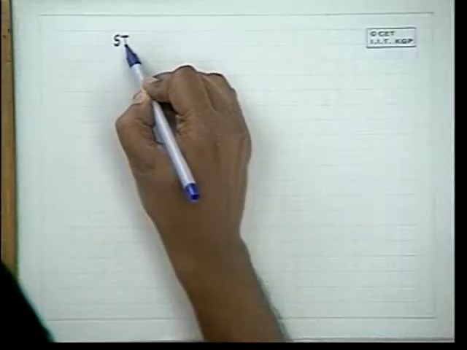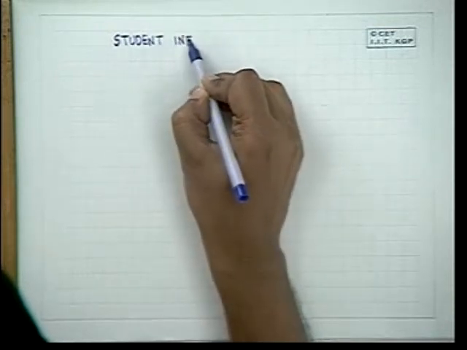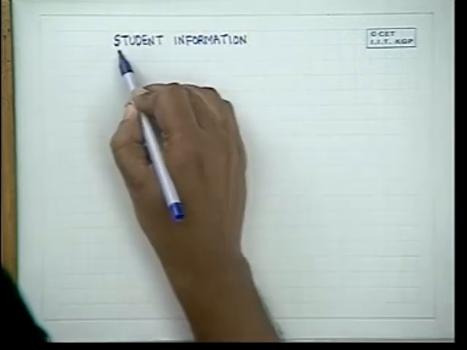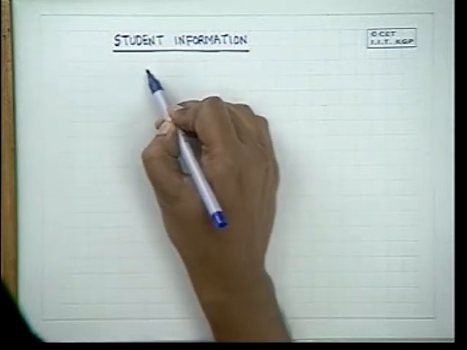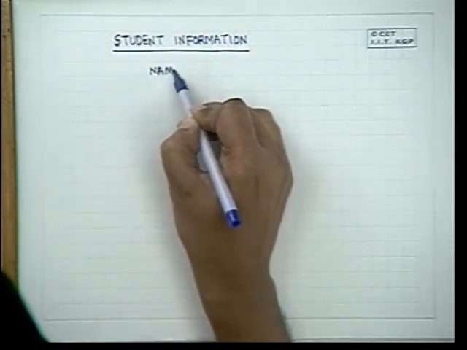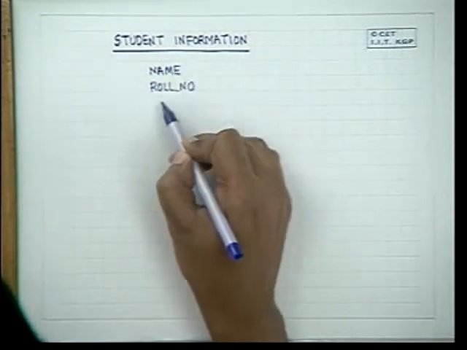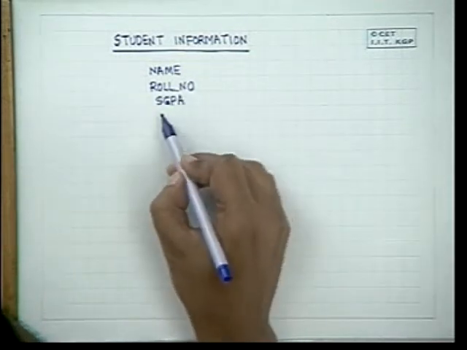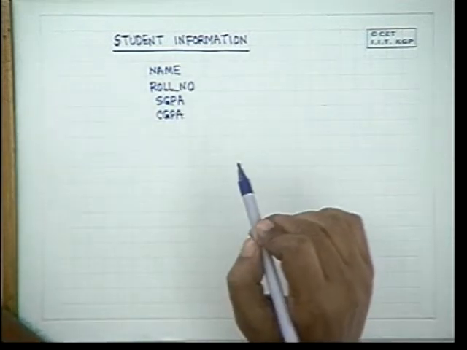Consider another situation where we have to maintain some student information. In order to maintain some student information, we need to keep various information about a student. For example, let us assume that we keep the name of the student, the roll number of the student, we keep the SGPAs for the relevant number of semesters, and we keep the CGPA values for the relevant number of semesters.